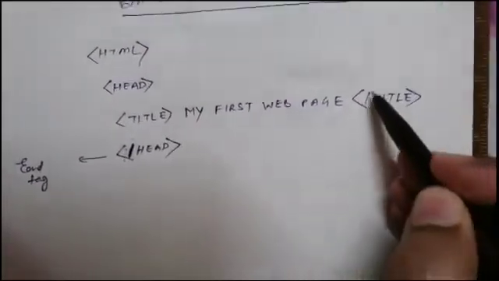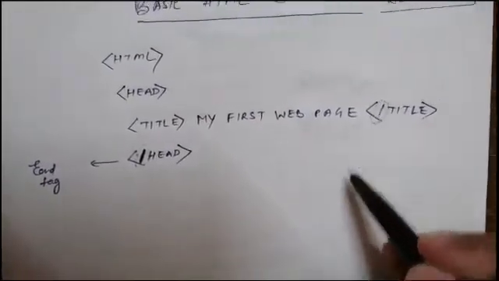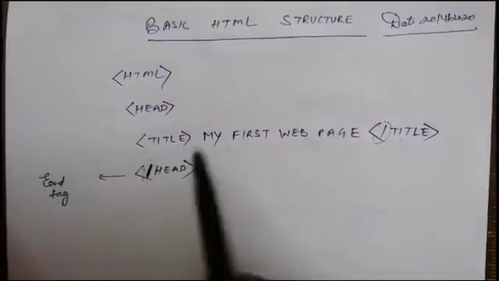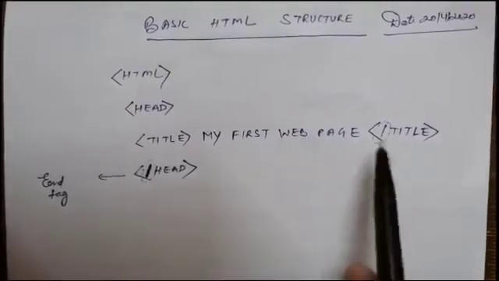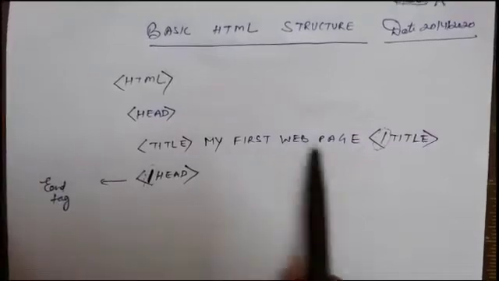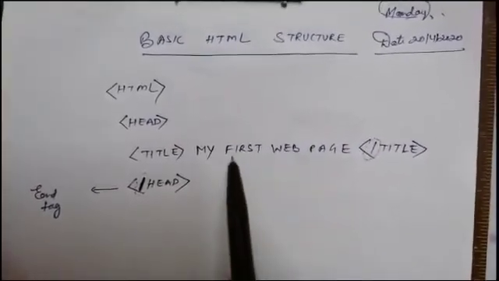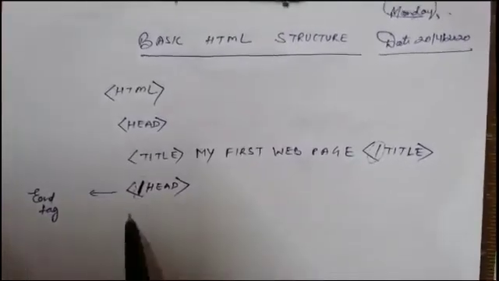Here this title also contains the forward slash before it. Then this is the end tag. So here title starts and here title ends. This is the code, one element, and within that element is the title of your page, my first web page, right?